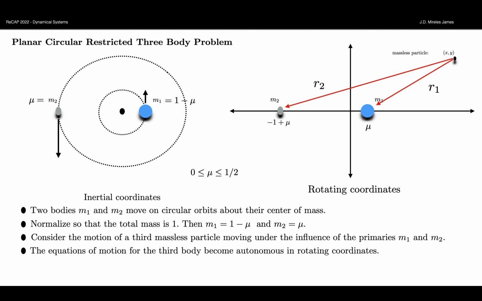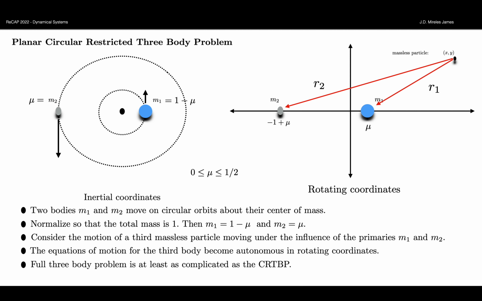And that's the restricted part, right? You're restricting the motion of these two large bodies and studying the free motion of this very small comet or satellite. Now, this is an interesting problem for certain kinds of orbit design, say missions from the Earth to the Moon or Sun, Jupiter, and so on.